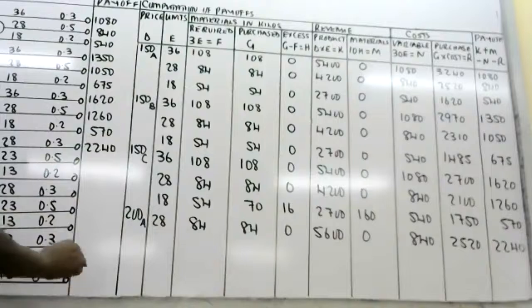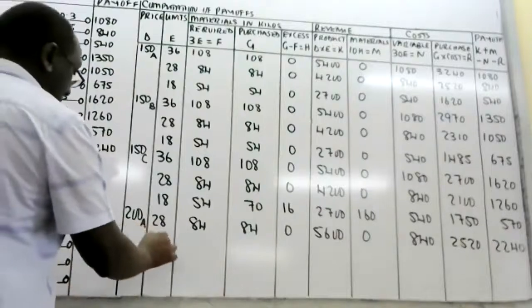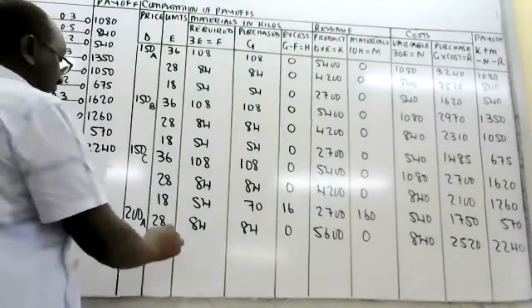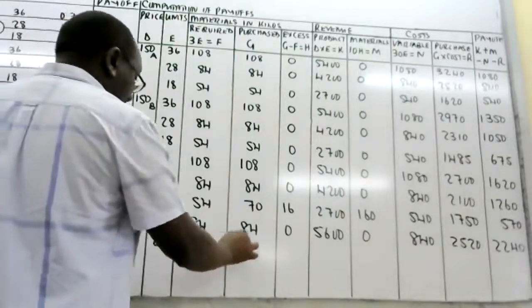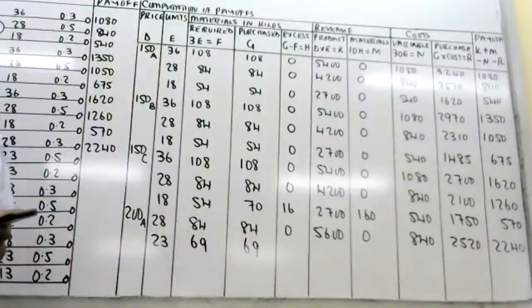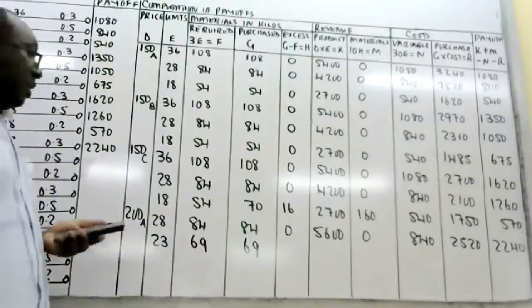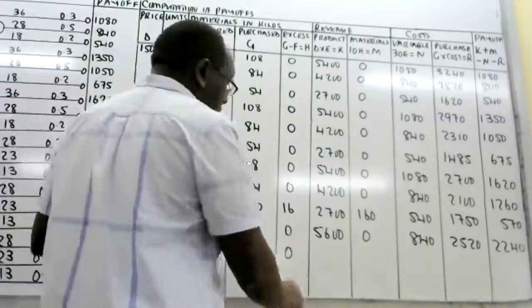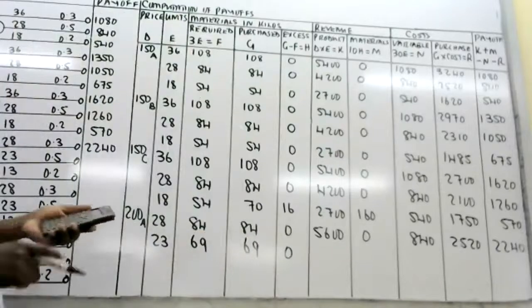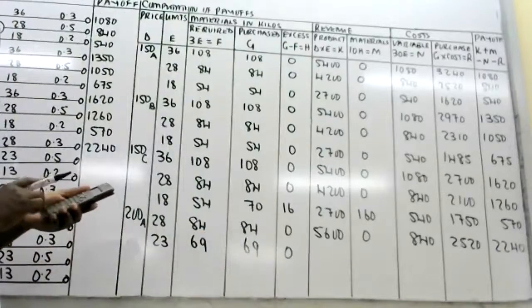All right, let us come now to 23. 23 multiplied by 3 is 69. So we will still be allowed to buy 69 because we are in A. And therefore, we shall not report any excess. The revenue will be 23 times 200.